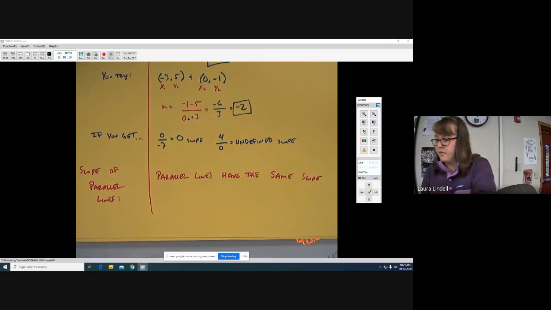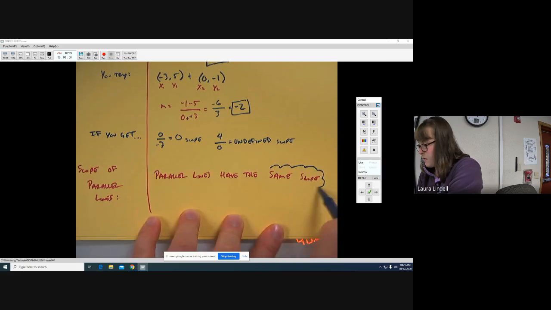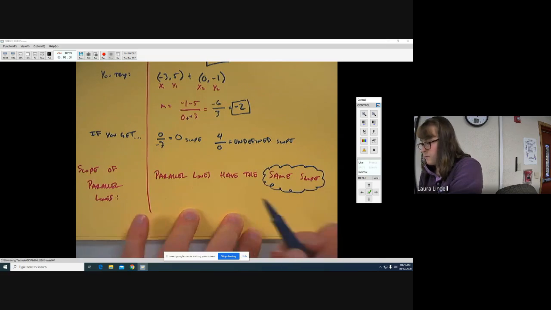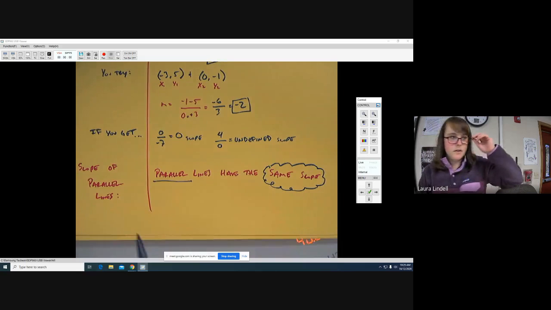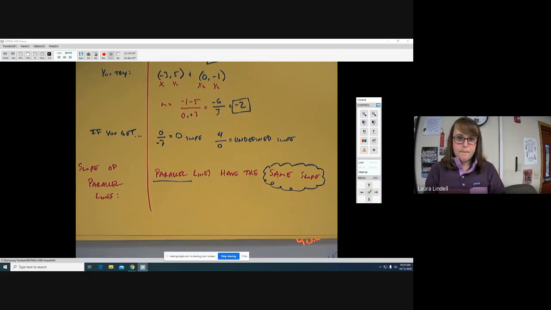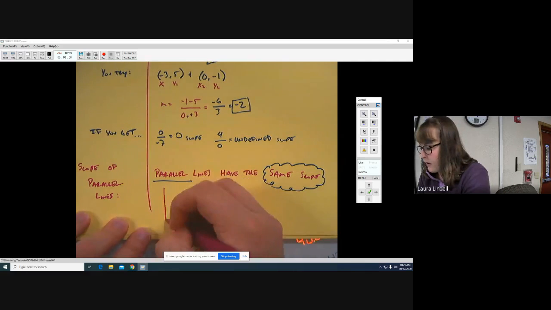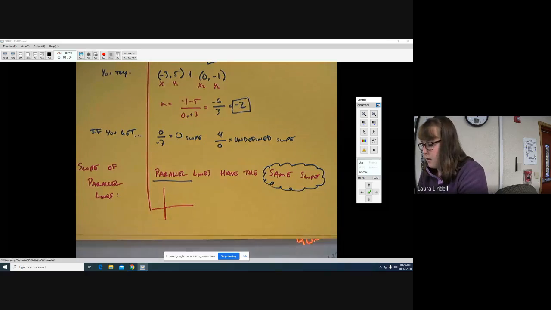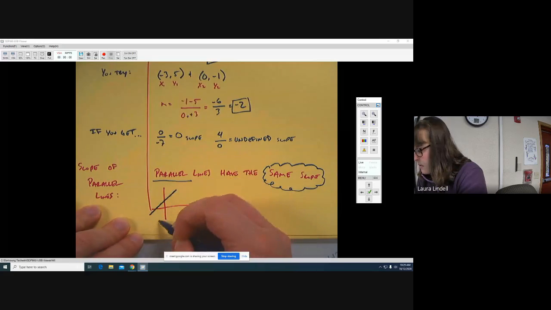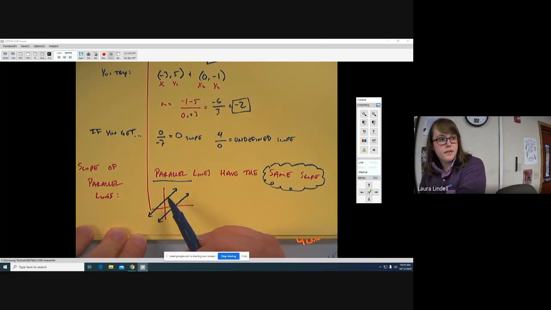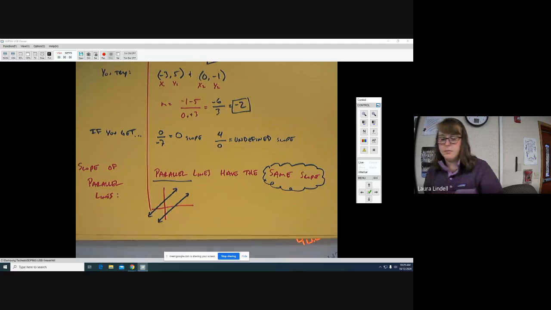Parallel lines have the same slope. If you think about a coordinate plane, things that have the same slope are just the same line but moved around, right? So those lines would be parallel, they have the same slope.